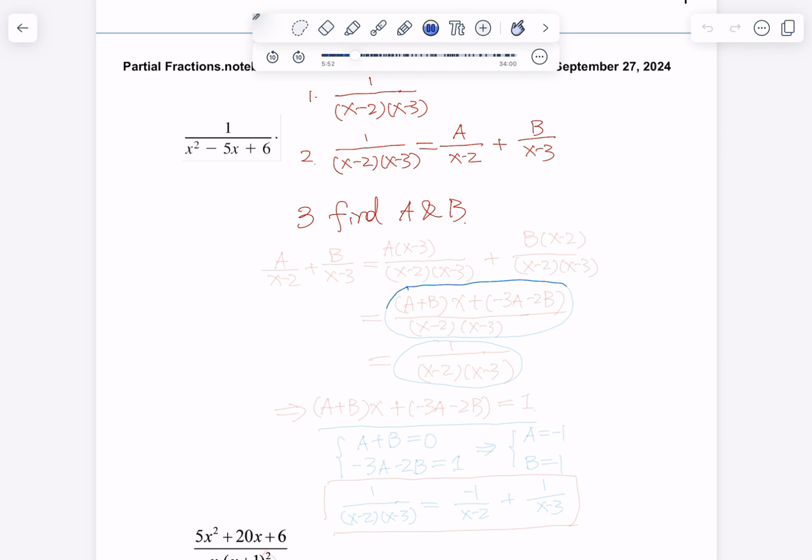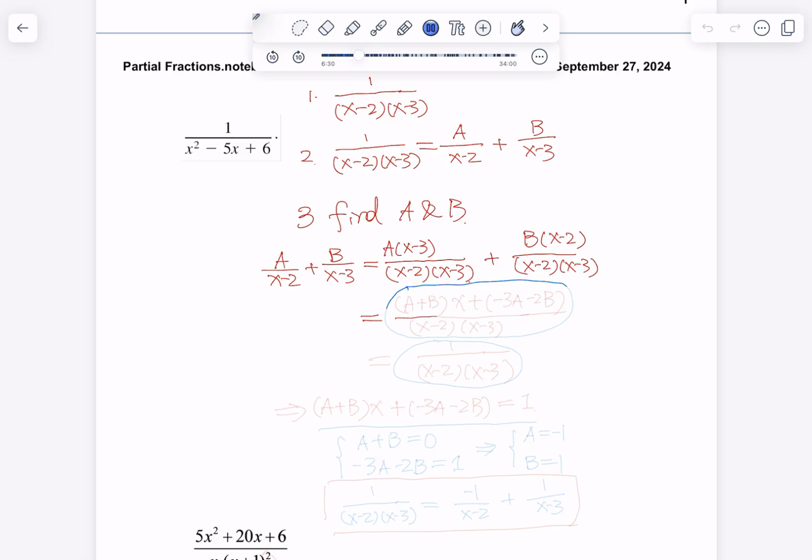Step 3 is to find A and B to satisfy equation 2. To do that, we add A over x minus 2 plus B over x minus 3, that will equal, you make the common denominator, then you're adding A times x minus 3 plus, the same common denominator, B times x minus 2.